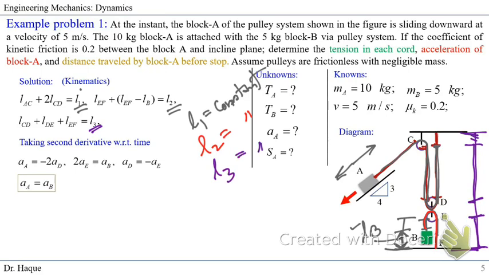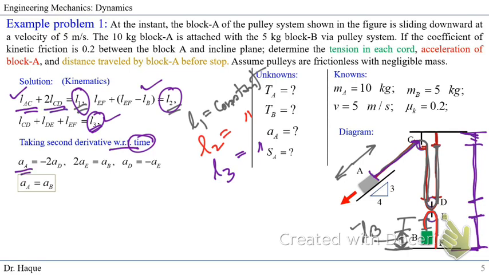So now if we take the second derivative with respect to time of all the equations here, L1, L2, L3 are constant, so taking the derivative will result in 0. If we take the second derivative of LAC, which is this length, the first derivative gives the velocity, and the second derivative gives the acceleration, so that gives us acceleration AA.